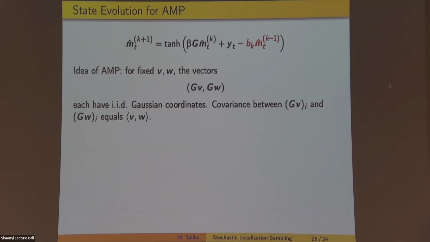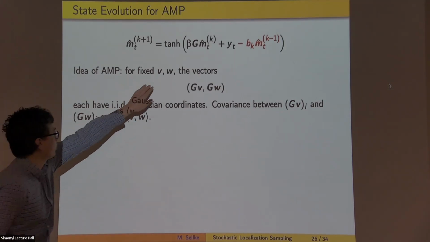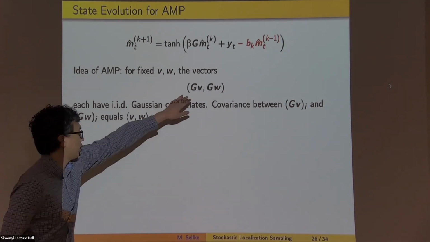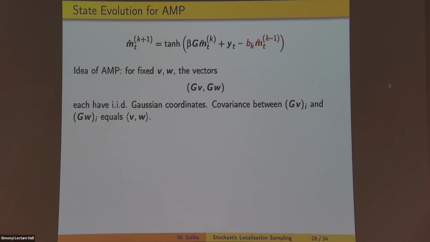Once you do this, there's kind of an explicit description for what happens for AMP. And the idea is like this. Let's say I have two vectors V and W that are just independent of my matrix G. And I think about multiplying both of them by G, which is a Gaussian matrix.